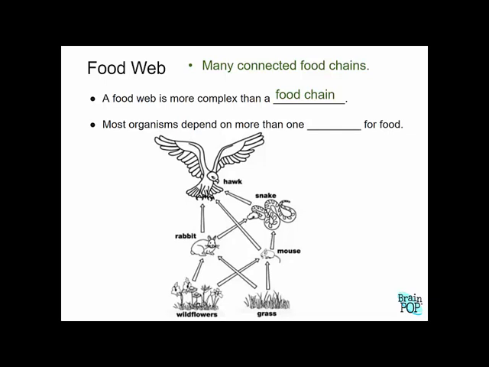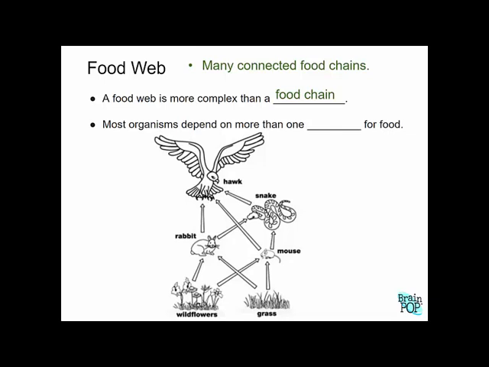Which do you think is a more realistic depiction of what actually happens in an ecosystem? The food web? How come? Because it has more contents, like a food chain, well, it has everything. Okay.